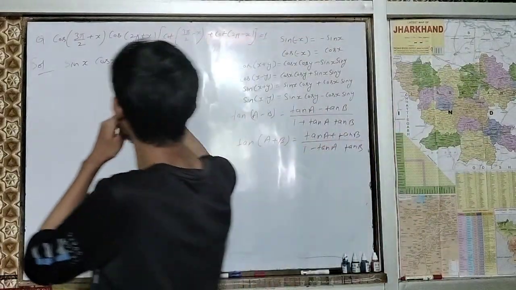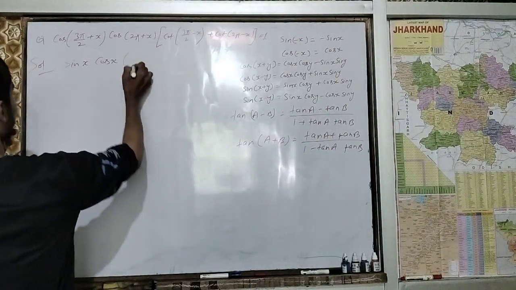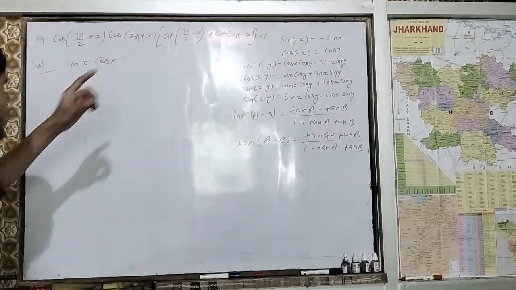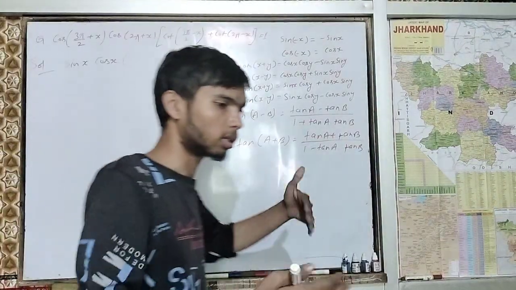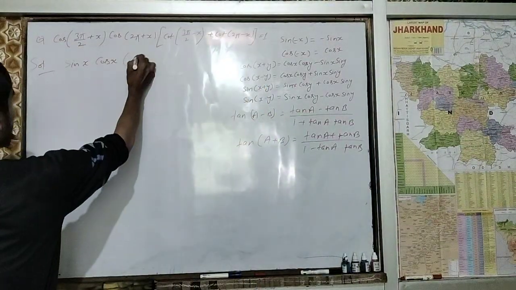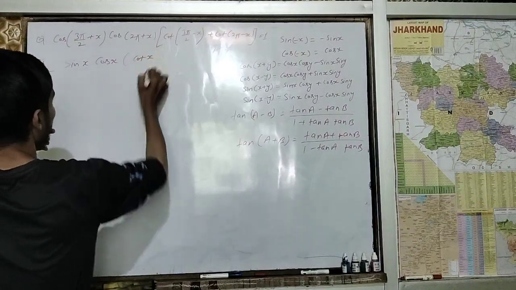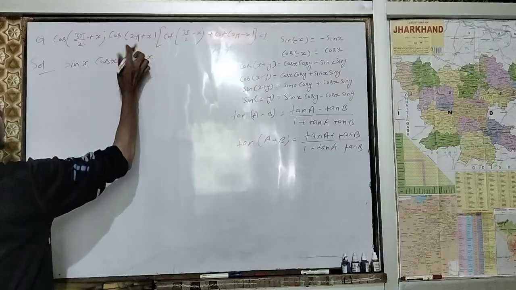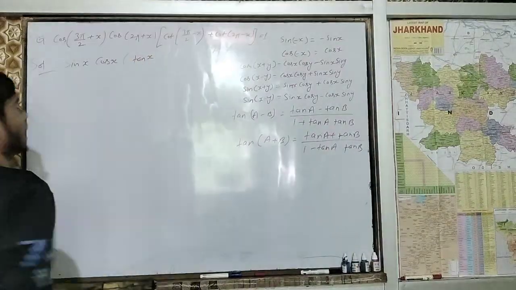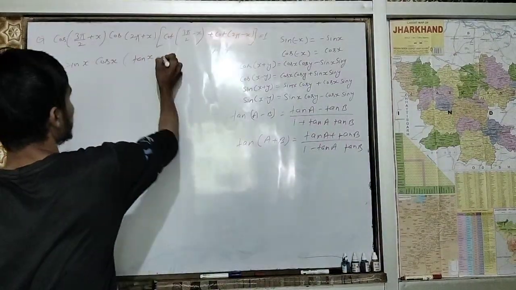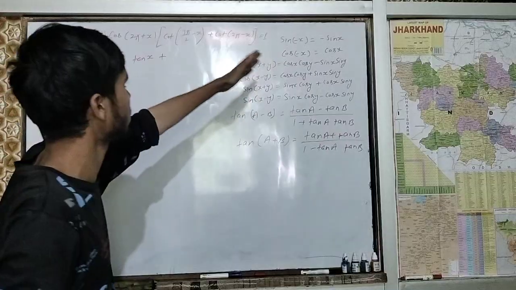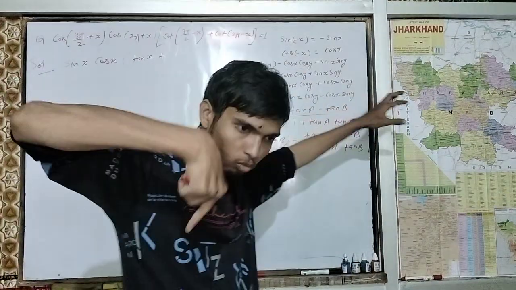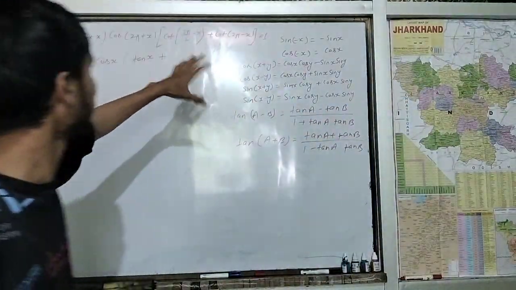Now next we have this part, cot. Then in the third quadrant it is positive, and here it will be tan x. Then plus we have cot. It is coming in the fourth quadrant, 2 pi minus x.